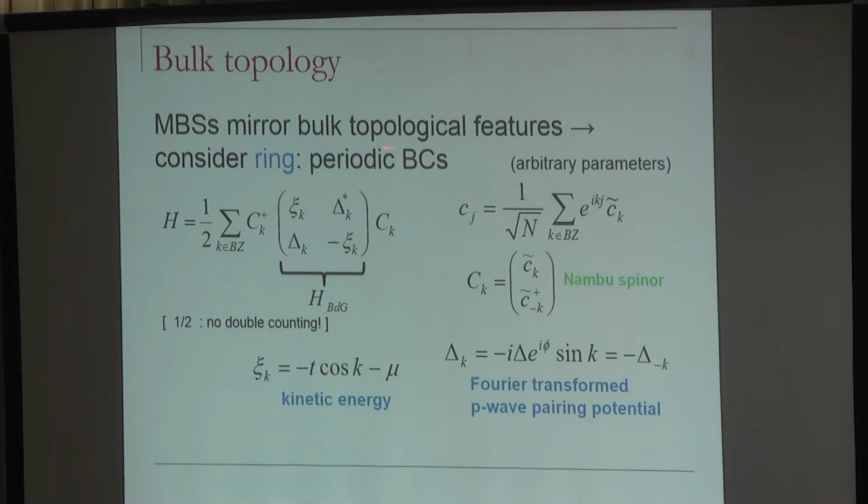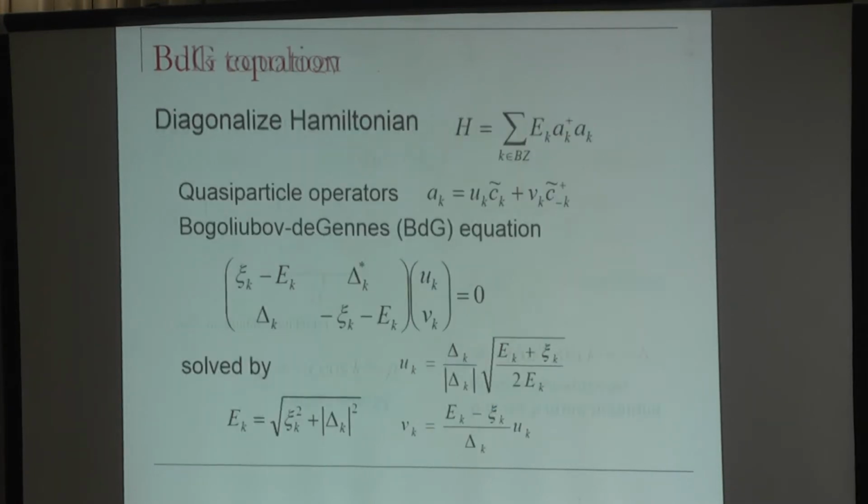And now one simply has to diagonalize this 2x2 matrix that amounts to a Bogoliubov transformation. So the diagonalized particles will have a mixture of particles and holes, and the eigenenergy is simply given here. And we then identify the phase diagram by looking for the zeros of this energy. Yeah? That's the general argument.